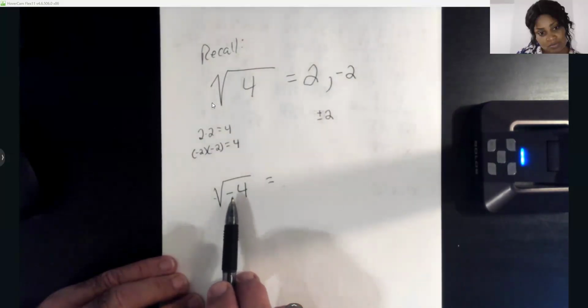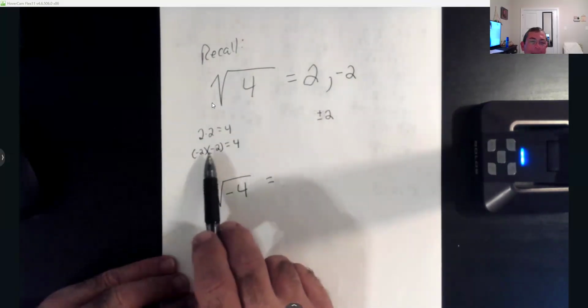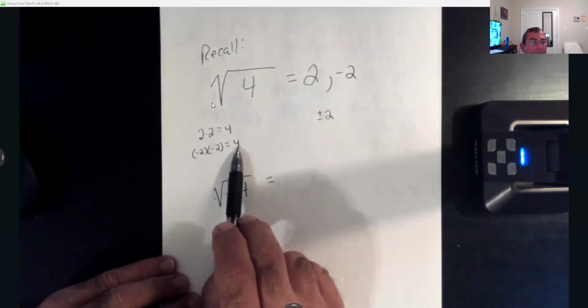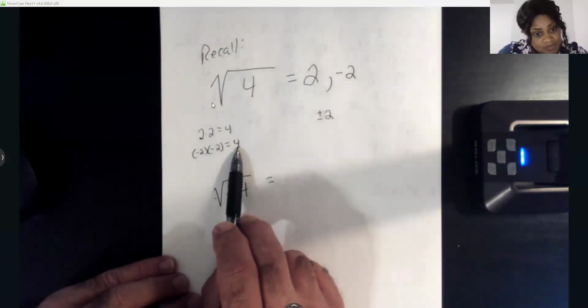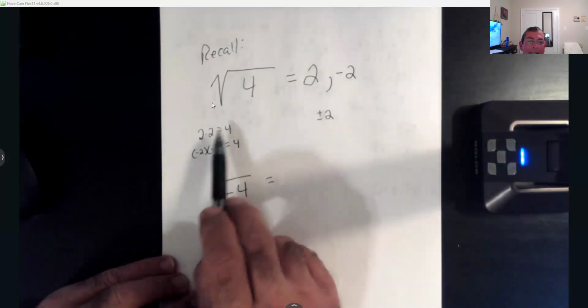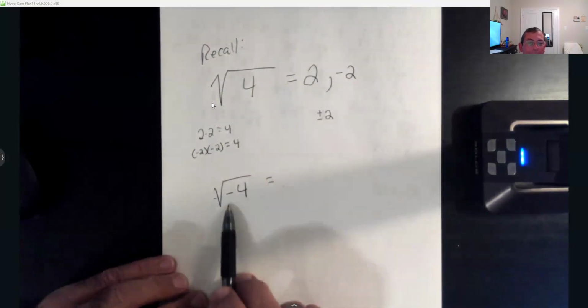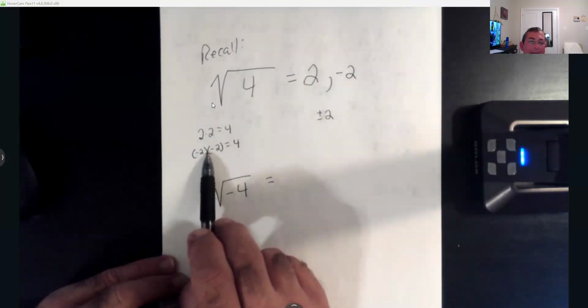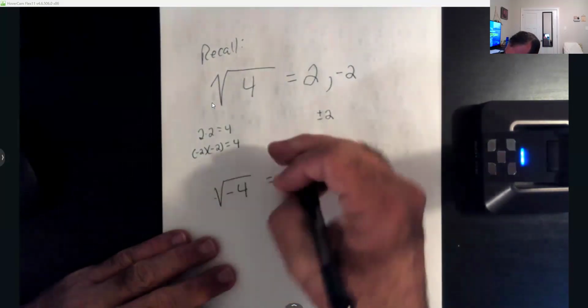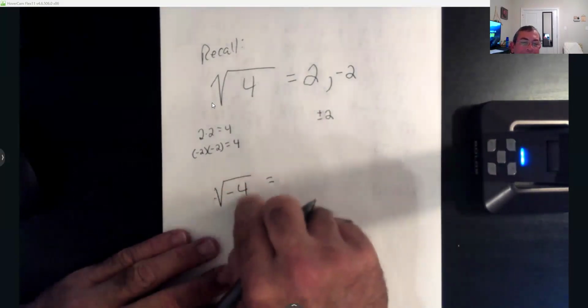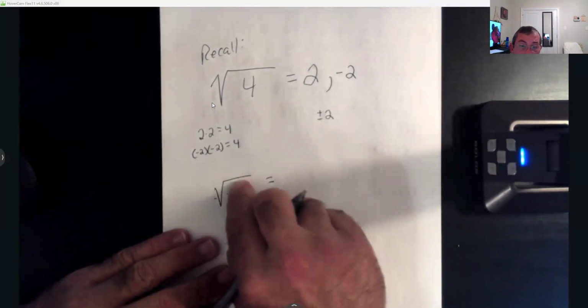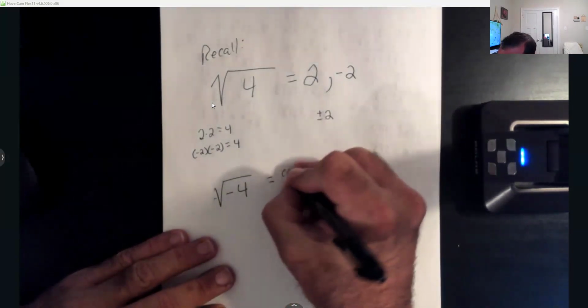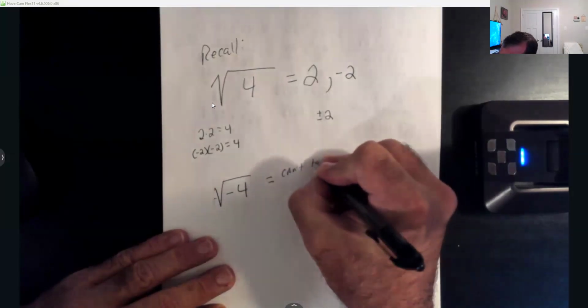No. And see, a negative can't be here because a negative times a negative is a positive, right? So like signs are always positive. So we can't get a negative number from like signs. So y'all watch this. Since we can't take the square root of a -4 in the real world, so remember, can't take square roots in real world.